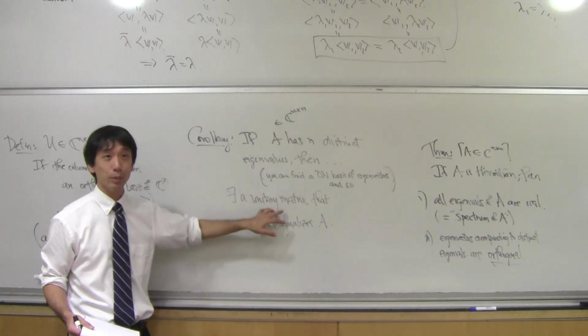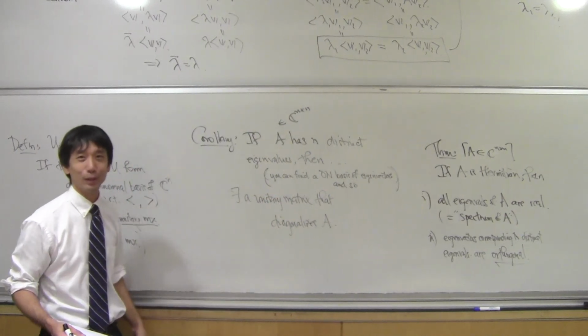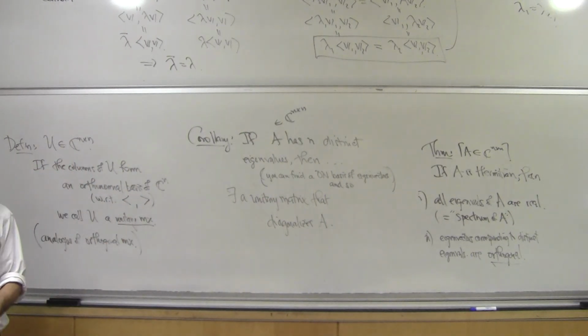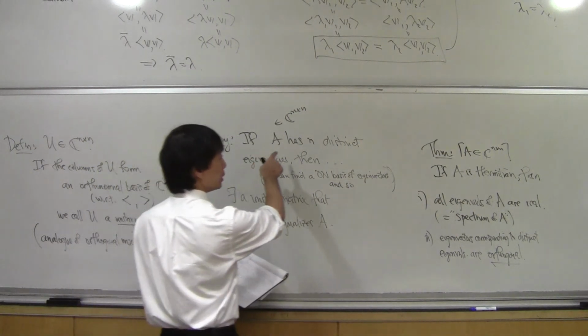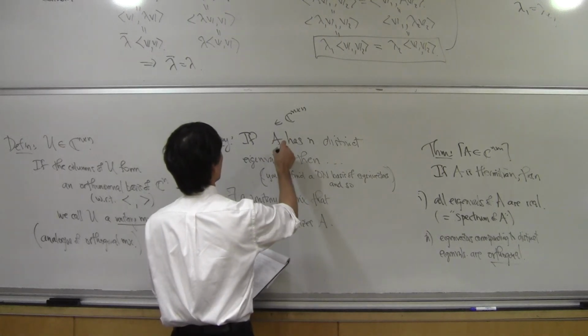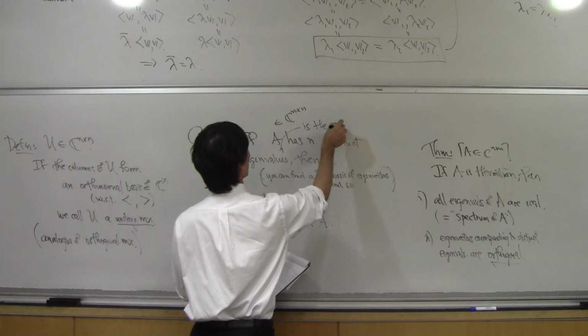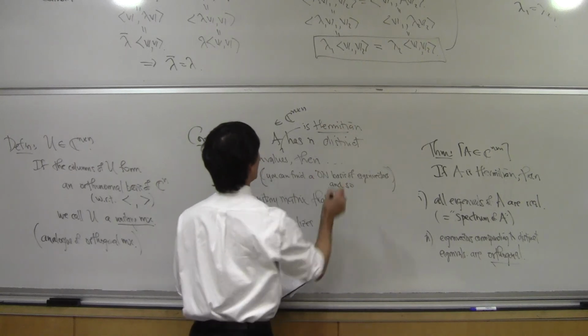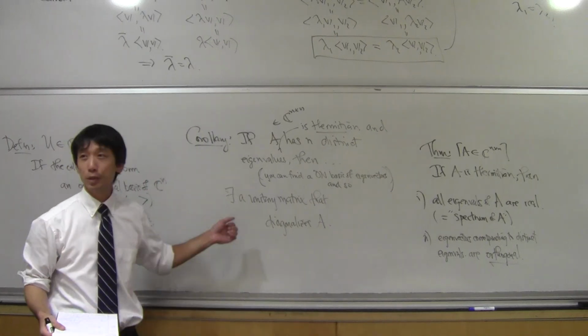It's diagonalizable in a special way. It's what's called unitarily diagonalizable. Sorry, I should be careful: if A is Hermitian and has n distinct eigenvalues, then it's unitarily diagonalizable.